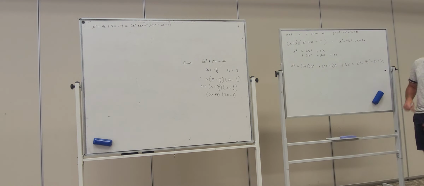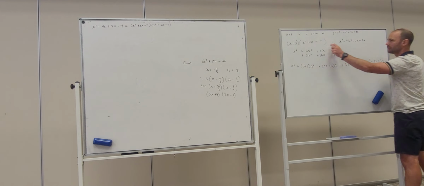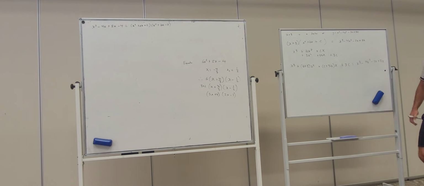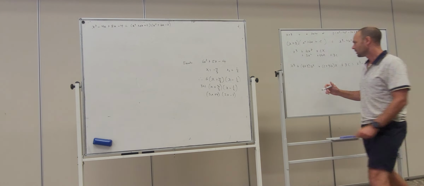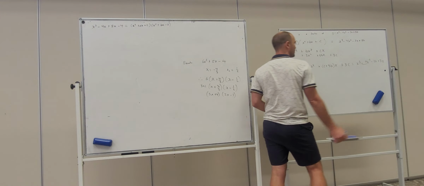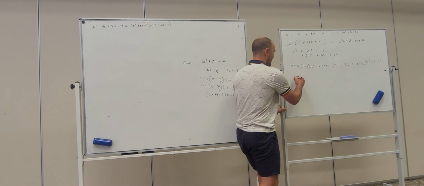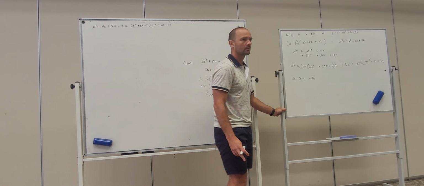Now because these polynomials are equal, we said this linear times some quadratic is equal to this cubic. That means these coefficients have to be the same. So the coefficient of x squared here has to be the same as the coefficient of x squared over here. I have b plus 3 equals -4.